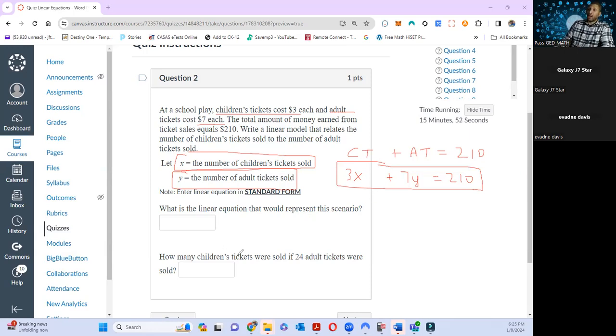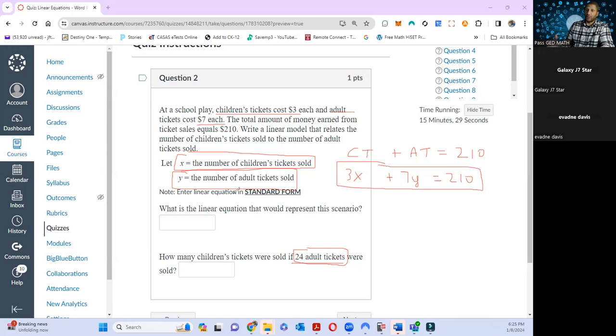How many children's tickets were sold if 24 adult tickets were sold? So that means we're going to take this 24. What variable is 24? That's going to be 24Y. No, 24X. Look at what it says: 24 adult tickets.